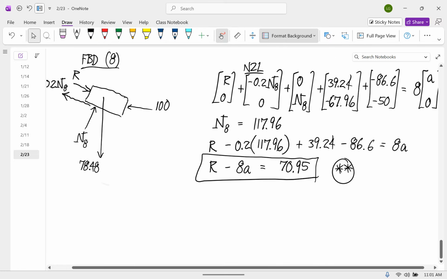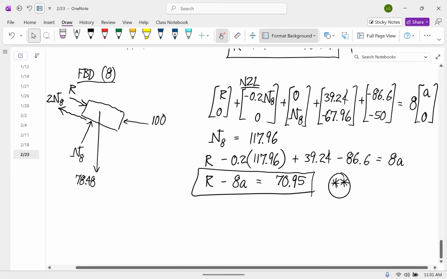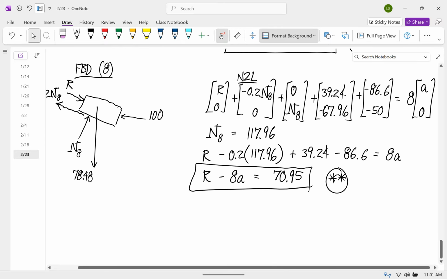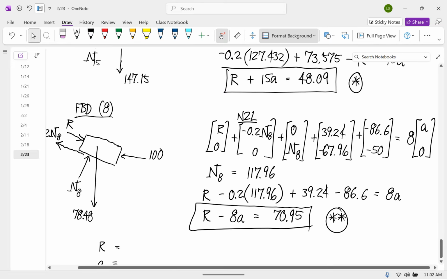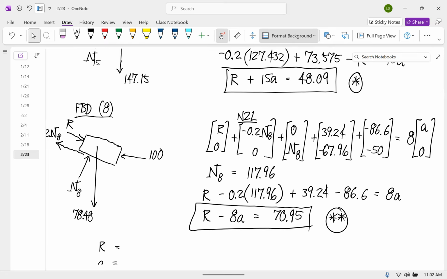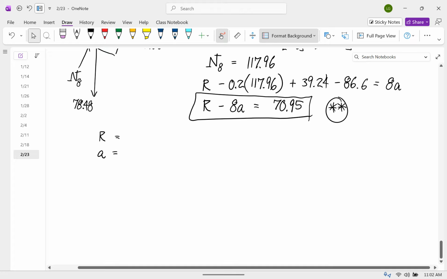And then I'll solve that by reduced row echelon form. Okay, and I got that R is 63 exactly.